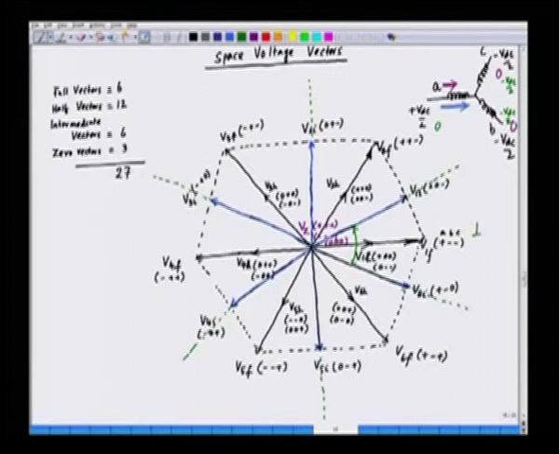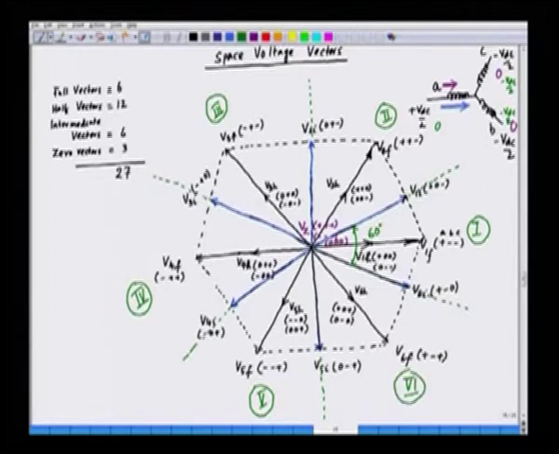This is sector 1, this one is sector 2, and each one is 60 degrees. We have sector 3 here, sector 4, sector 5, and sector 6. So, we have 6 different sectors, and depending upon the sector in which we have the flux vector, we can choose the corresponding voltage vector.